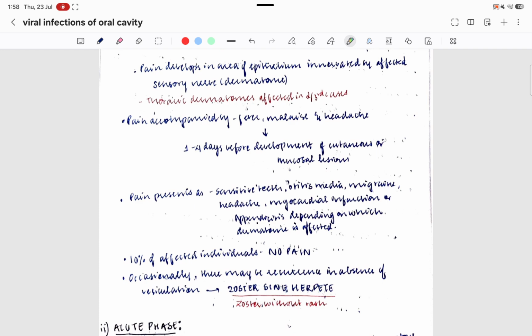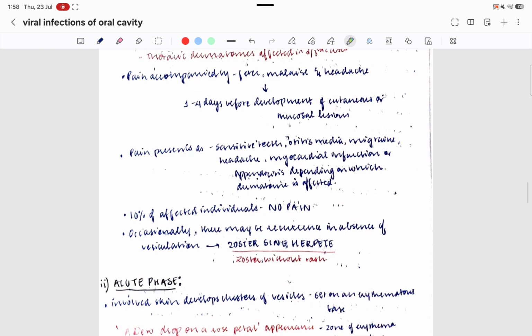Pain is accompanied by fever, malaise, and headache, 1 to 4 days before the development of mucocutaneous lesions.